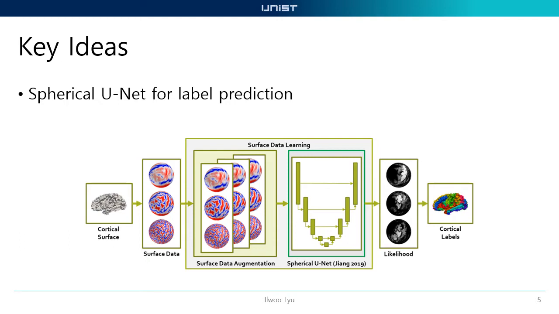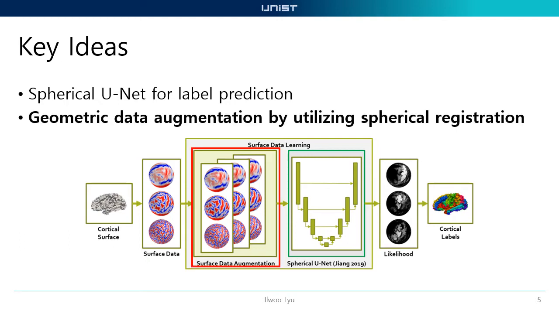It is quite well known that if we have many samples for a convolutional net, then we can expect a desirable result, but in our case we still have limited data. So in this project, our focus is not spherical U-Net development or the convolutional net itself, but we instead focus on geometric data augmentation to increase the size of the training samples. We'll use our recent spherical registration to get the data augmentation.